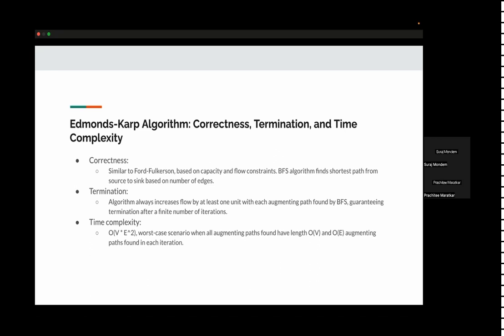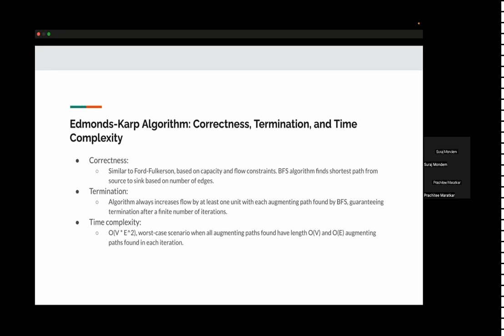Let's talk about the time complexity. The Edmonds-Karp algorithm, as mentioned earlier, has a worst-case time complexity of order of V times E squared, where V is the number of vertices in the graph and E is the number of edges. This is because the algorithm performs at most V iterations, and each iteration requires a BFS that takes at most order of E time.